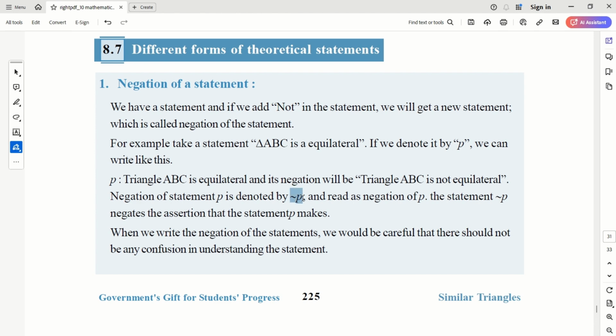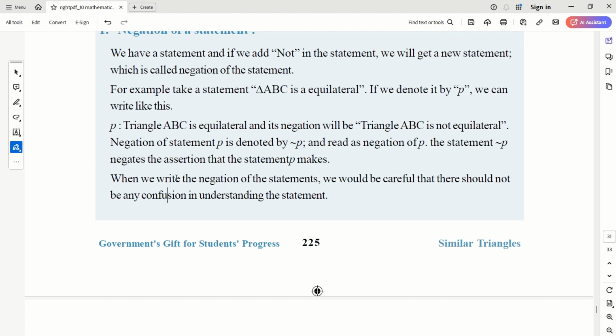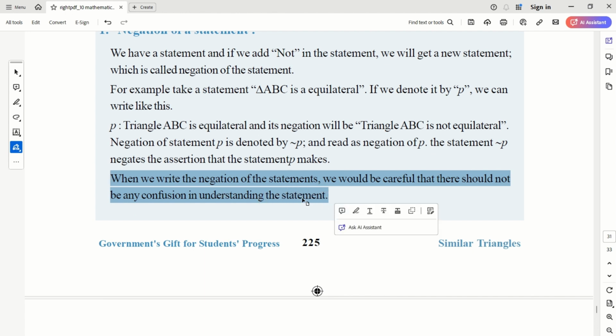Negation is normally denoted like this. This is what I was trying to tell. Don't get confused. Write a simple statement and negate only the statement. Don't give any other derivative conclusions.